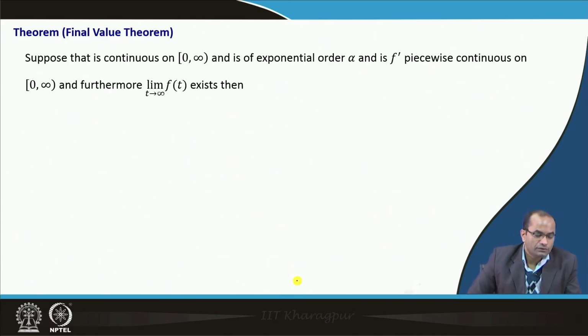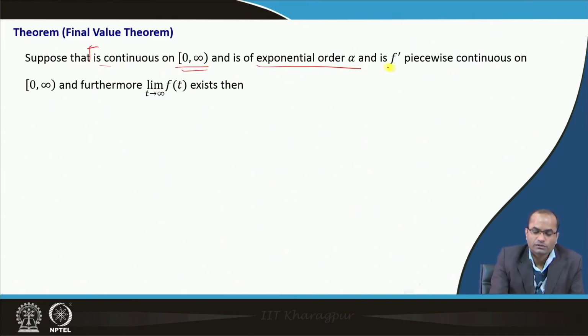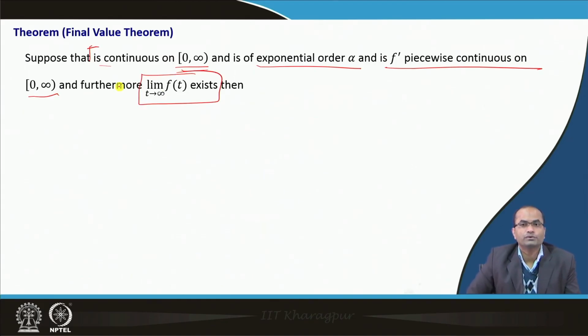Coming to the final value theorem, suppose that f is continuous on 0 to infinity and of exponential order, and f prime is piecewise continuous, and there is an additional condition that the limit of f(t) as t approaches infinity also exists.